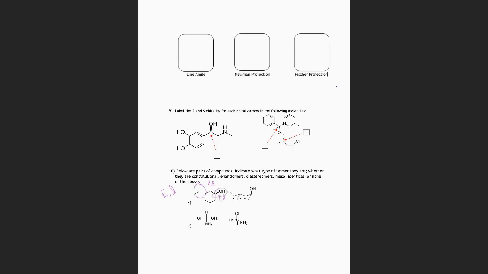But because it's a wedge, that means it's the up position. So now it's going to be axial up. So when we draw it out, we have this axial up, 1, 2, equatorial up. So now we know that they're identical. Good. What about B? Do we think they're identical or enantiomers?